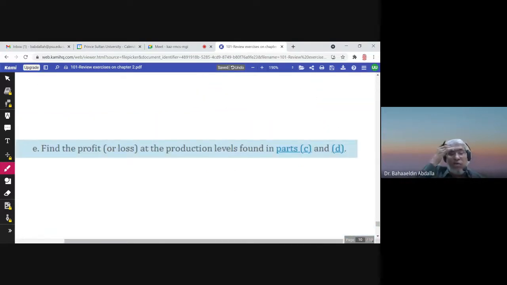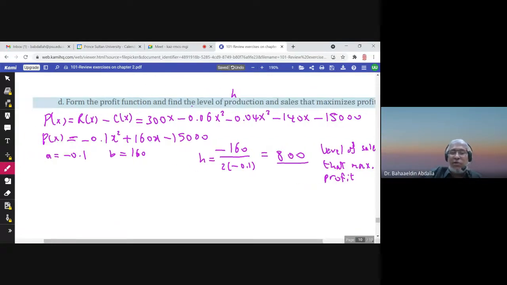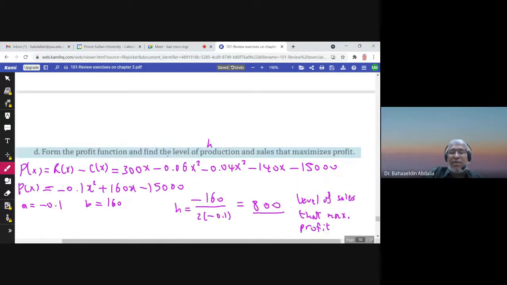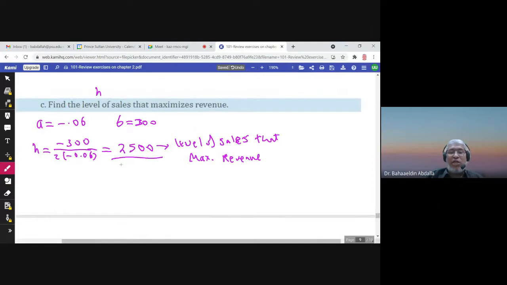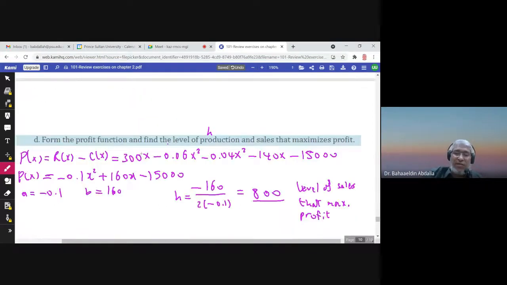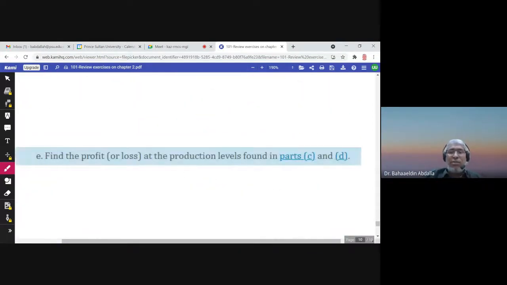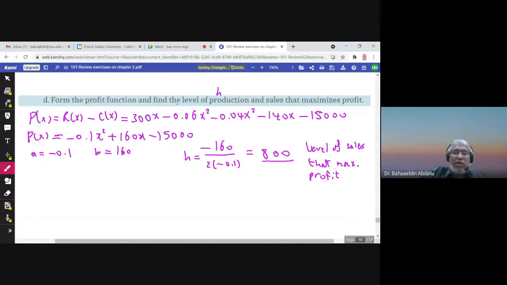Find the profit or loss at the production levels found in part C and D. In part C, the production level is 2,500. He wants the profit, so I need to find the profit of 2,500. So I go to the profit function and I replace x by 2,500.